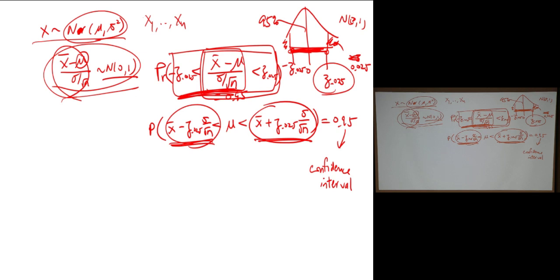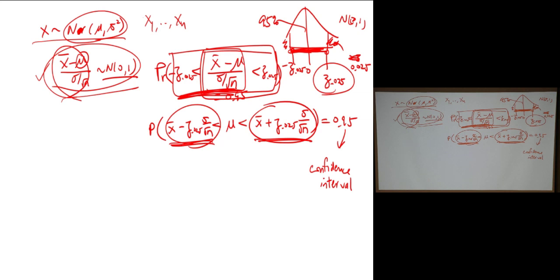What's the second scenario where I can use this, at least approximately? The other scenario is when the sample size is big. We use a rule of thumb of 30. When the sample size is bigger than 30, we can apply the central limit theorem.